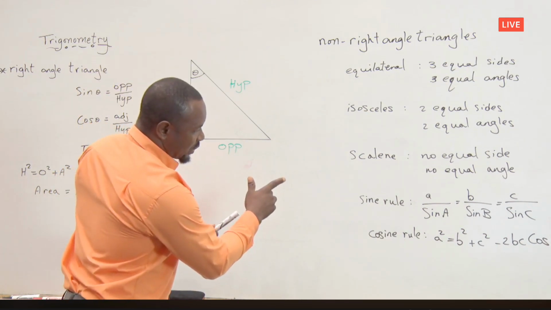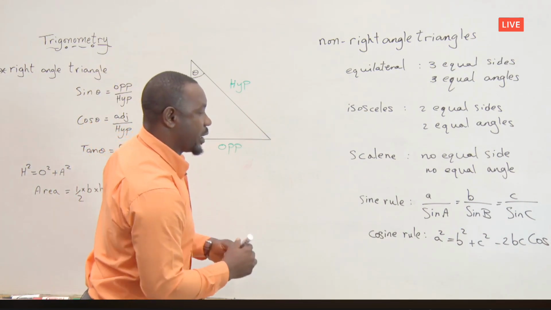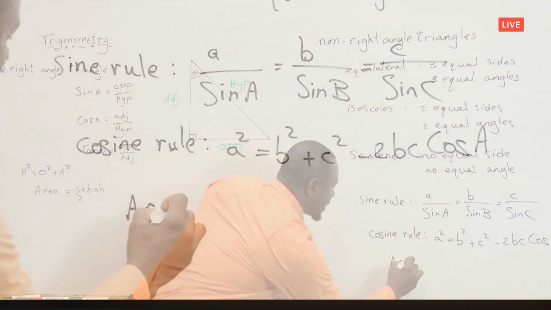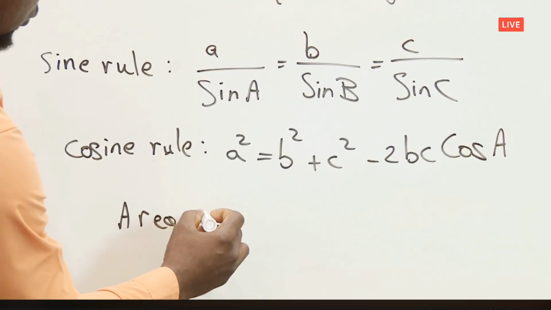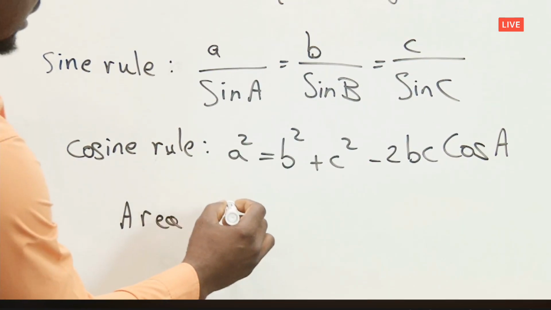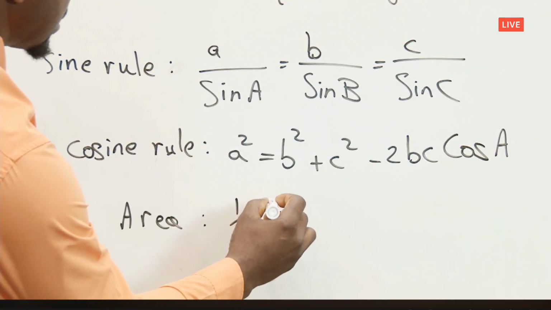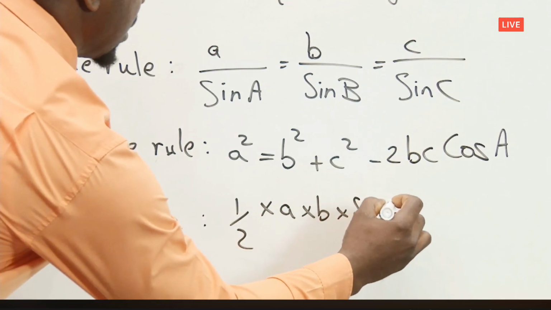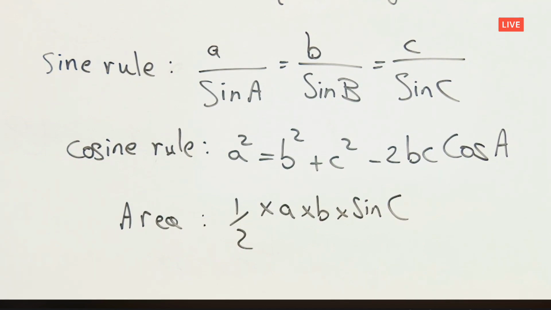The last thing we needed to know for these non-right angle triangles is how to find the area. So the area for a non-right angle triangle would be half times A times B times sin of C. And this wasn't too difficult for us to realize, because if you see what's happening here, class, half base times height.